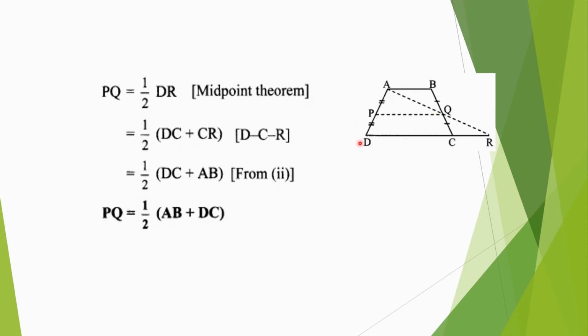Therefore, by the midpoint theorem, PQ is equal to half into DR. What is DR in this figure? DC plus CR. That is equal to half into DC plus CR because D-C-R. That is equal to half into DC plus AB from equation 2. Therefore, PQ is equal to half into AB plus DC. So we proved.